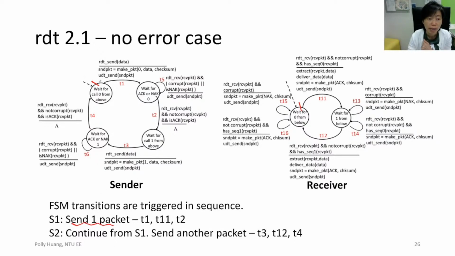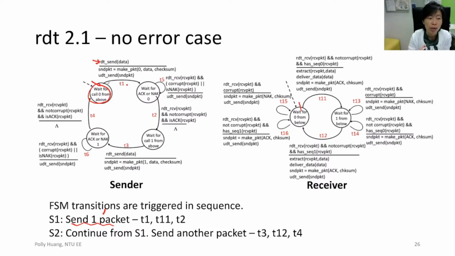Now, we're here at the starting state. To determine what transitions to take, let's check out what the transitions are. Well, starting from this state, there's only one possibility, which is T1. And it happens to be what? Getting a call from above, which is to send one packet.